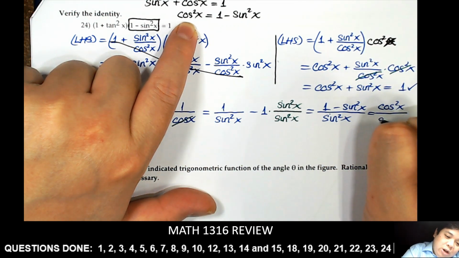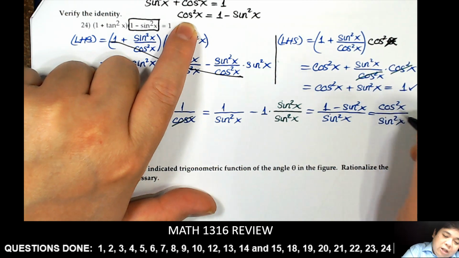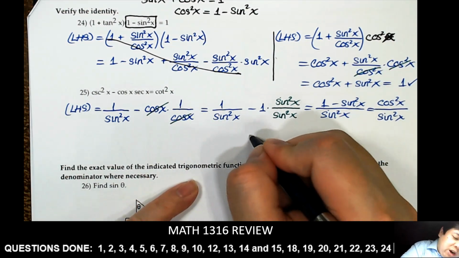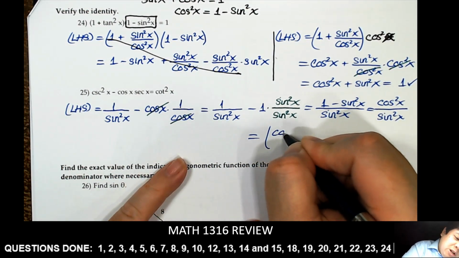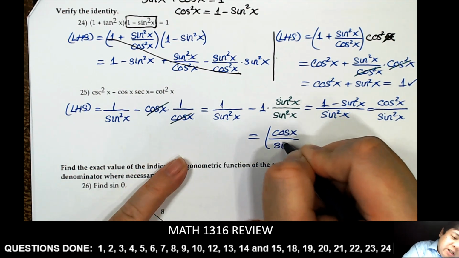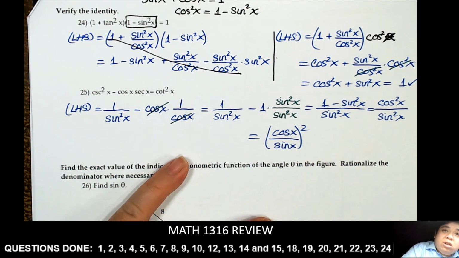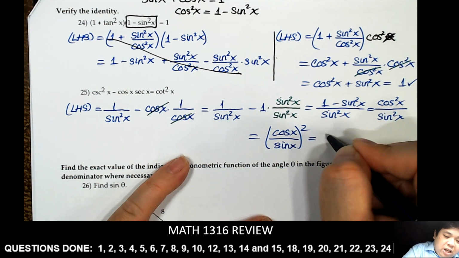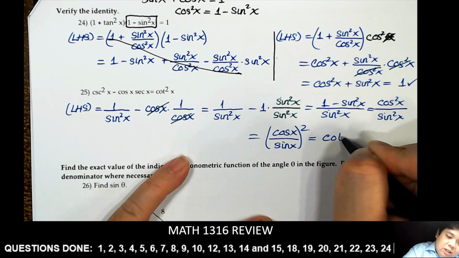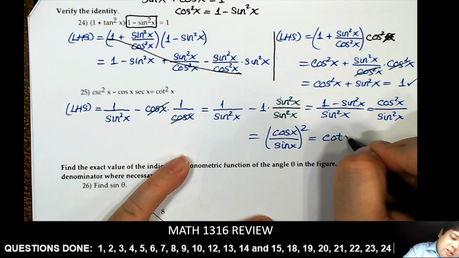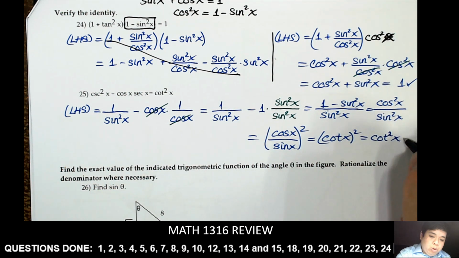So we have cosine squared over sine squared. We can write cosine over sine, and the square is on the outside. Cosine over sine is cotangent. This is also true.